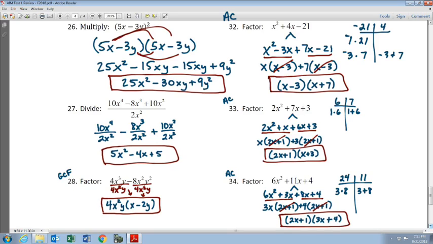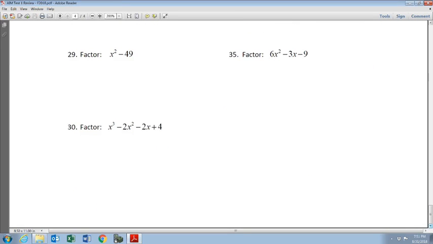Alright, we've got 2 more to go, or 2 or 3 here. On number 29, this is one of our special cases. We call it a difference of squares. Difference means subtract, and squares are numbers like 49 or 64, numbers that are equal to some number squared. And we learned that there's a real nice pattern to these.